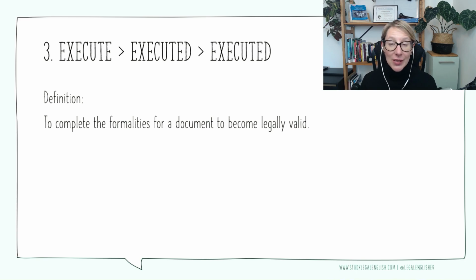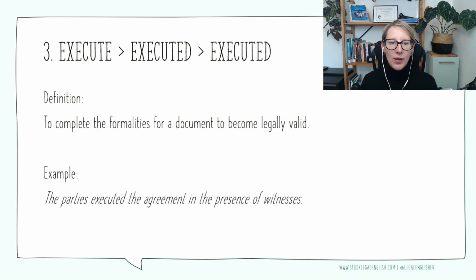This is used especially for contracts, to execute a contract, to make sure that the contract becomes legally valid. This usually means that you sign it in the correct way. Okay? For example, the parties executed the agreement in the presence of witnesses. Perhaps they needed witnesses present to sign the agreement in order for it to be executed, right? In order for it to become legally valid.